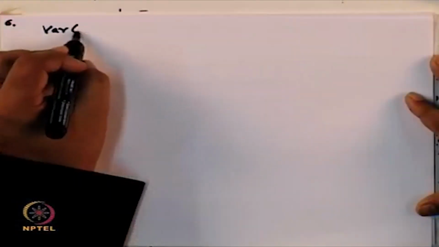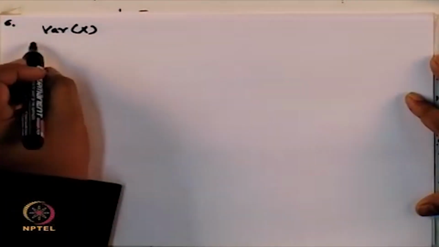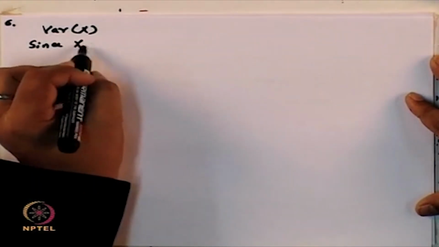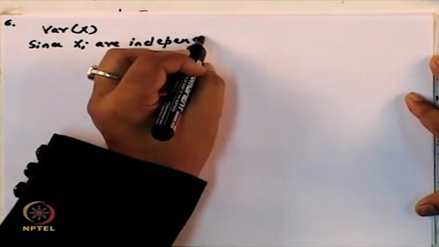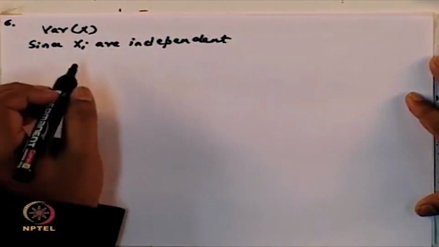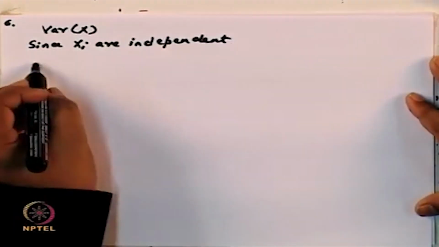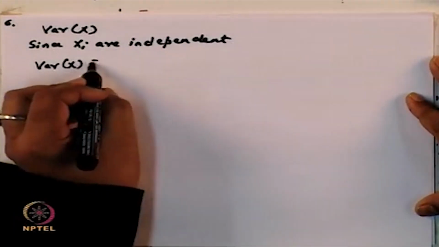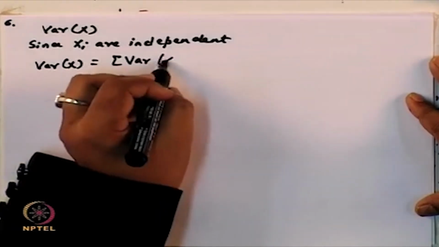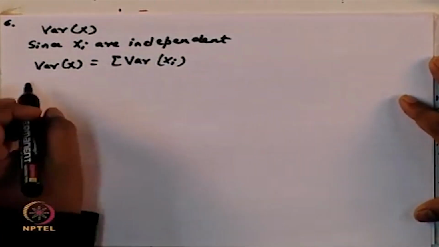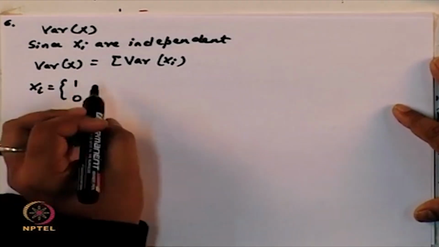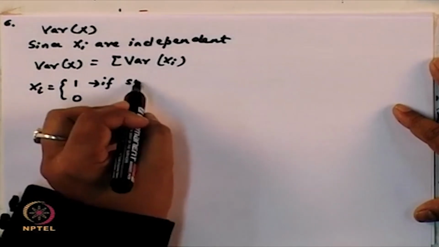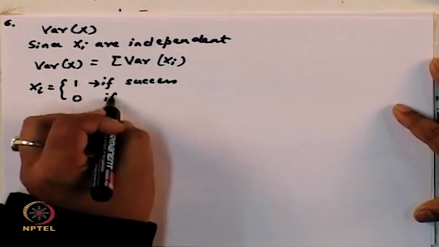Okay. So, let us calculate the variance of x. Since x_i are independent, I can write variance of x is equal to summation of variance of x_i. Again we have x_i equal to 1 if success and 0 if failure.